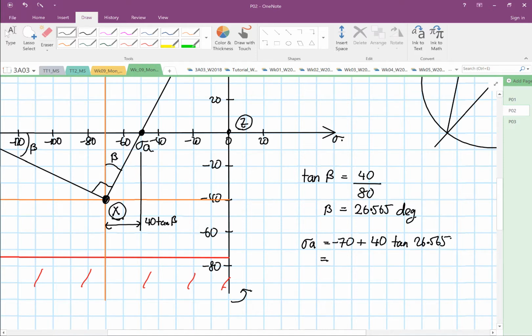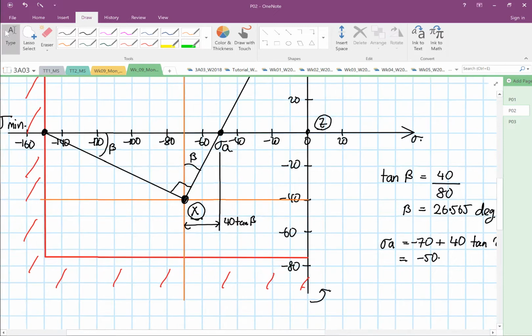So this will correspond to a value: tangent 26.565 times 40. Minus 70, so it's going to be equal to minus 50. Okay, so you have minus 50 over there.